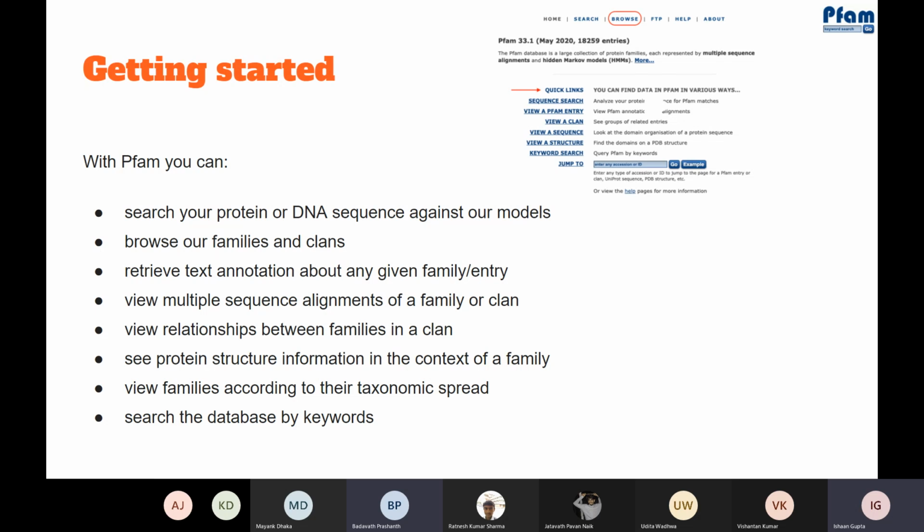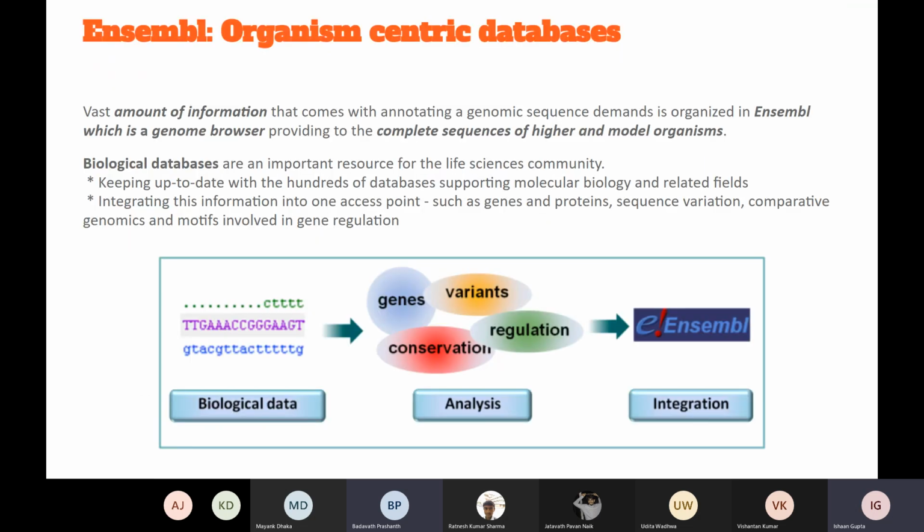Then specifically, you can go to each one of these entries and see alignments of these domains across evolution, across other similar domains in other proteins, or the same domain across different organisms. And you can get all this kind of information here.